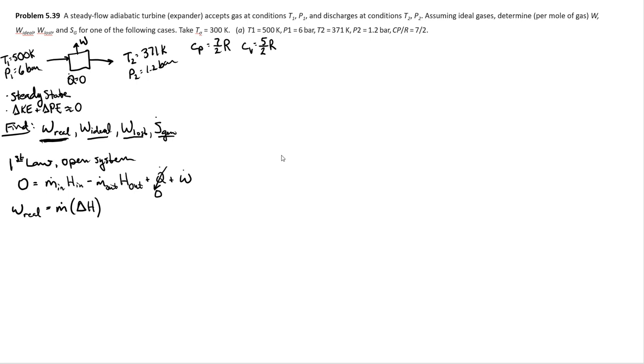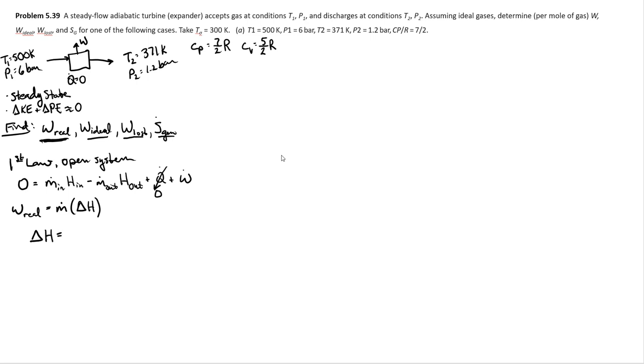If this were steam, we could look up the enthalpy of the inlet and the outlet and get our work calculation, but this is not steam. This is an ideal gas. What is the enthalpy change for an ideal gas in an open system? Well, the answer is it doesn't matter what kind of system we're dealing with.